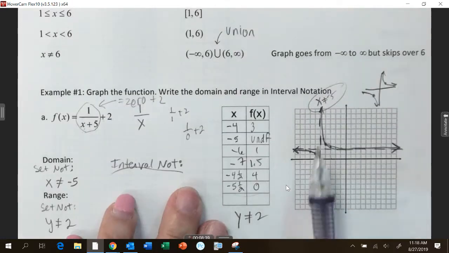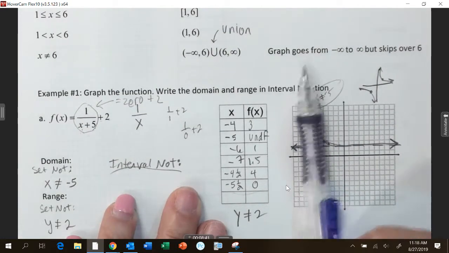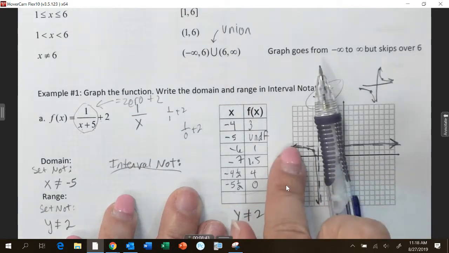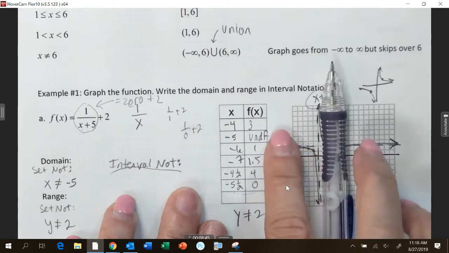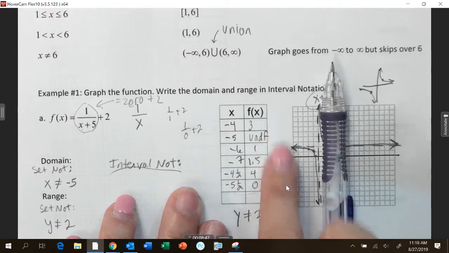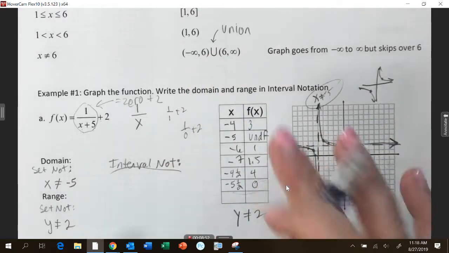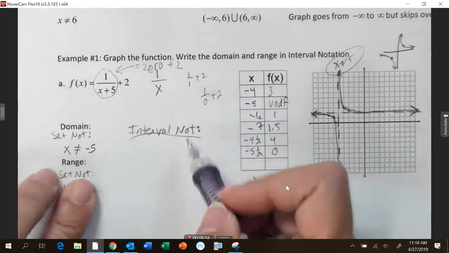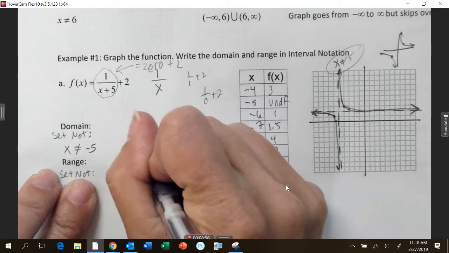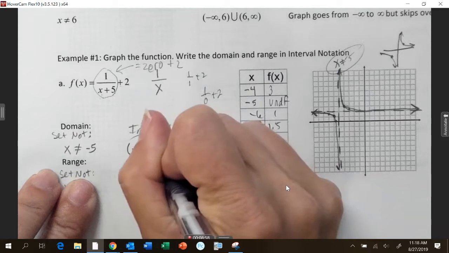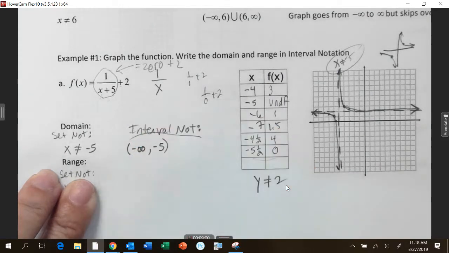So if I have an asymptote like I do here, then there's going to be a part on the right and a part on the left. You're going to have two parts. Over here on the left side, over here on the right side. You're going to have two pieces. They're going to be held together with a union. So my domain in interval notation starts at -infinity, goes to -5. It is not equal to -5.